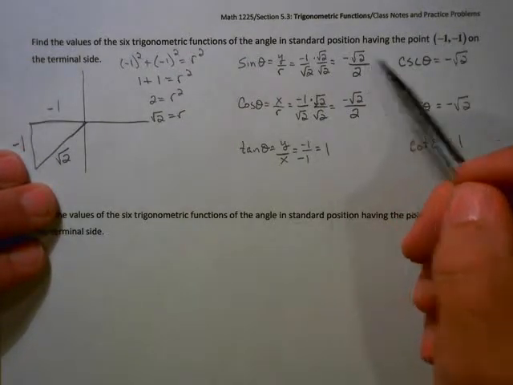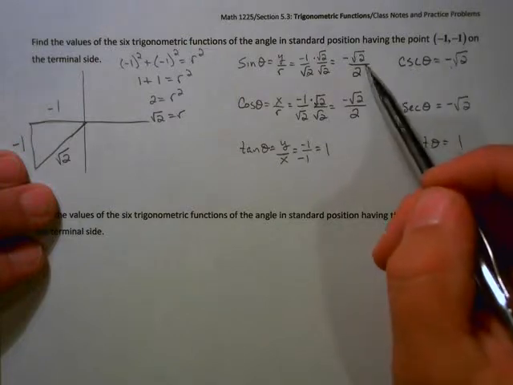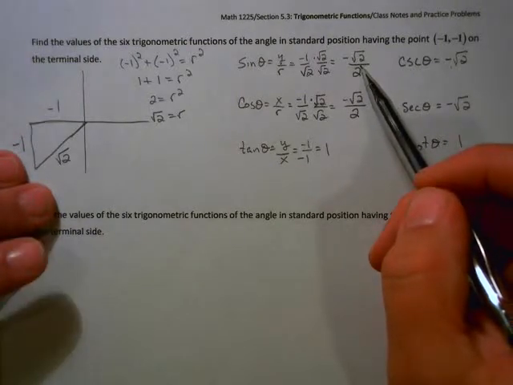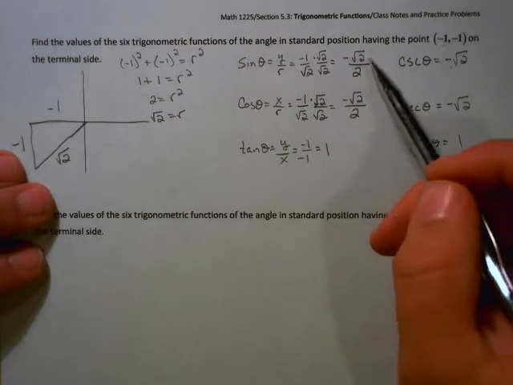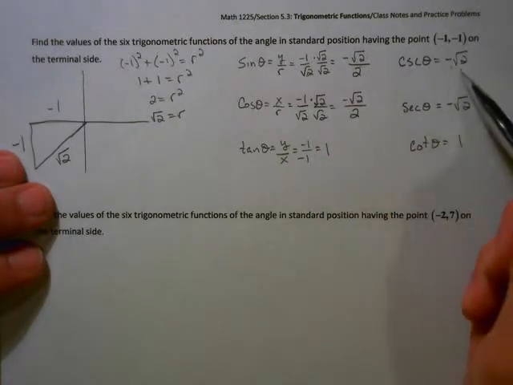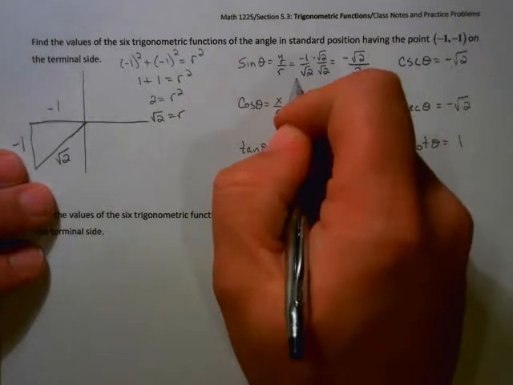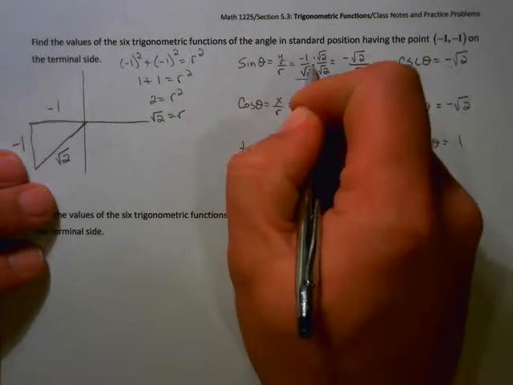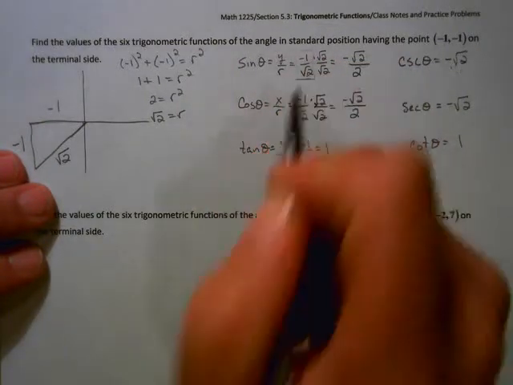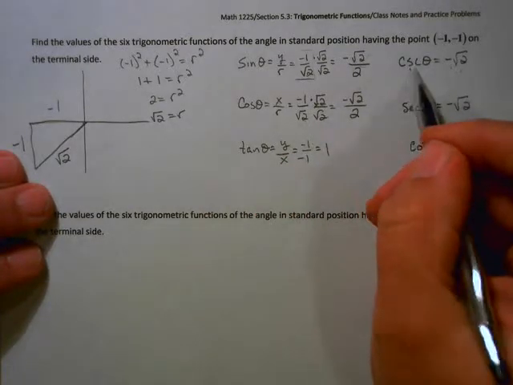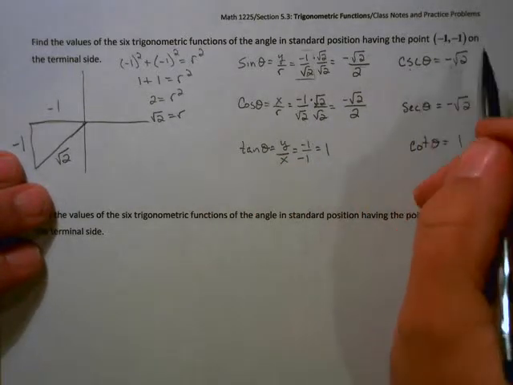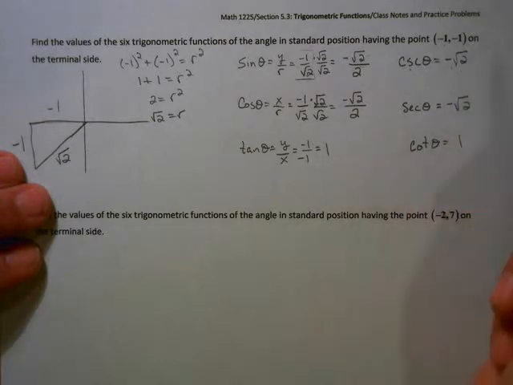But if I go ahead and do the reciprocal of this now, I would have negative 2 over the square root of 2, and I would have to rationalize that and then simplify to get down to this. So when you find the reciprocal, use that main one when you're finding cosecant and secant, and then you won't have to rationalize the denominator over there.